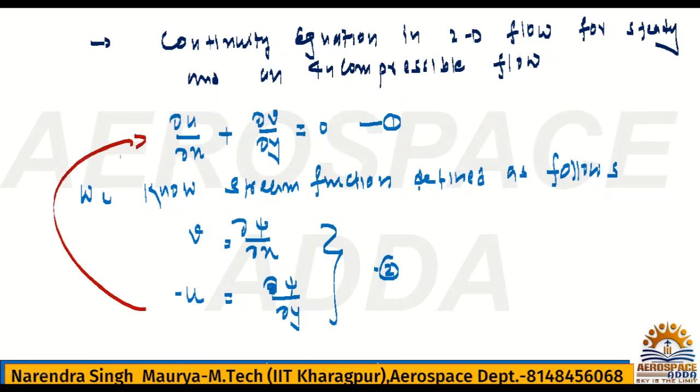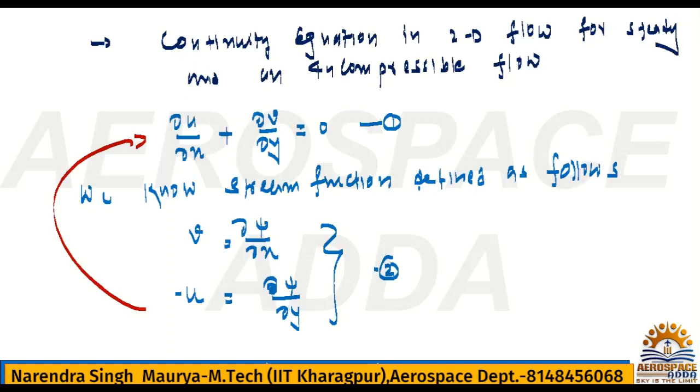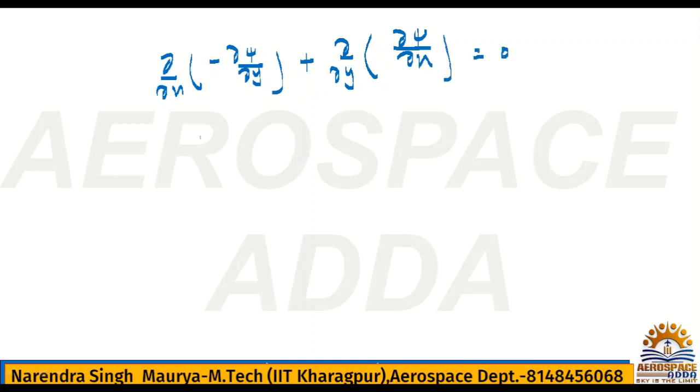Okay, here we need to satisfy this. So what we'll get? We'll get here dou by dou x of u, what is u? U is nothing but minus dou psi by dou y. Similarly, dou by dou y of v. What is the v? Check. V is nothing but dou psi by dou x, equal to 0. So what we'll get here? Dou square psi divided by dou x dou y plus dou square psi by dou y dou x is equal to 0.